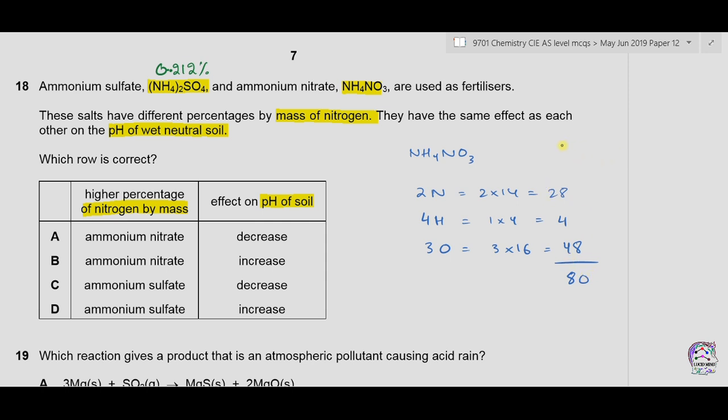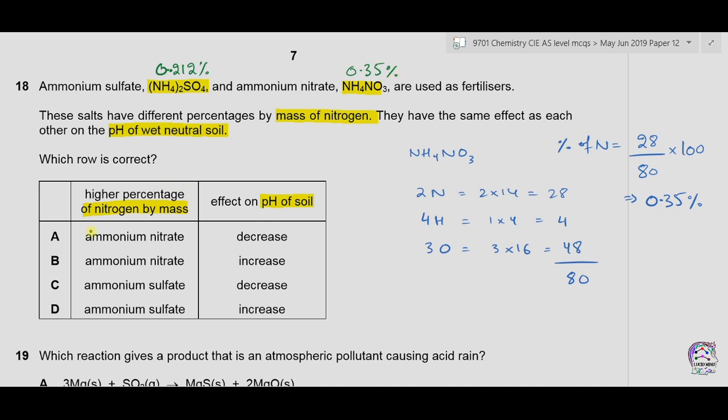Now let's find out the percentage of nitrogen in this compound. So the percentage of nitrogen will be the atomic mass of nitrogen, which is 28 in this compound, divided by the total molecular mass of the compound into 100. So it comes equal to 0.35%. So we have 0.35% of nitrogen in ammonium nitrate.